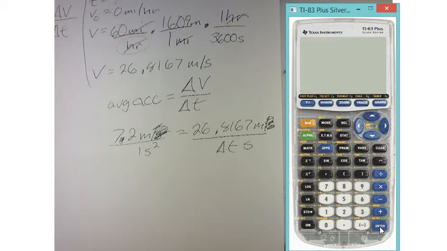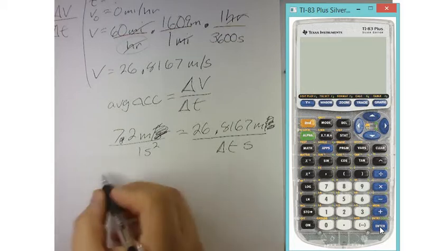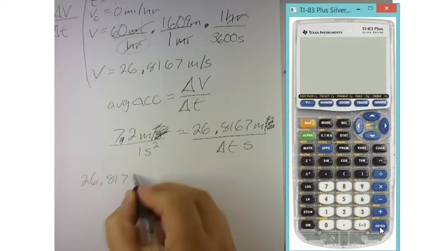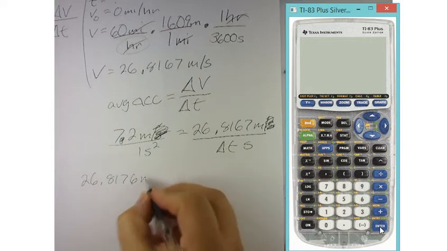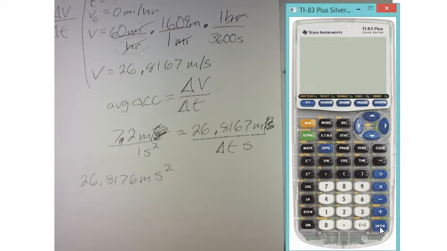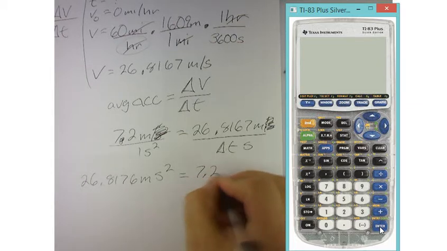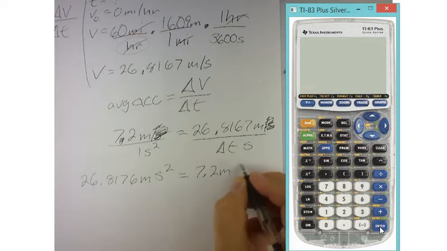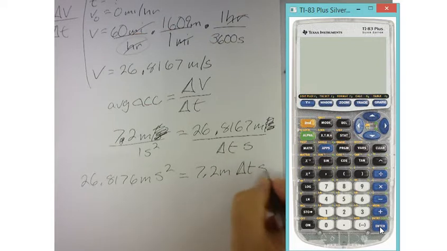So now if I cross multiply, what I end up with is 26.8167 meters seconds squared. See that? And that's equal to 7.2 meters delta t seconds.